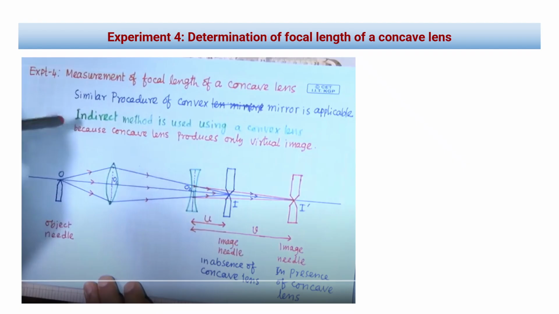In this week's lecture, experiment 4 was about determination of the focal length of a concave lens. Again, to understand the experiment, I would ask you to watch these lectures where the professor has demonstrated the whole experiment.